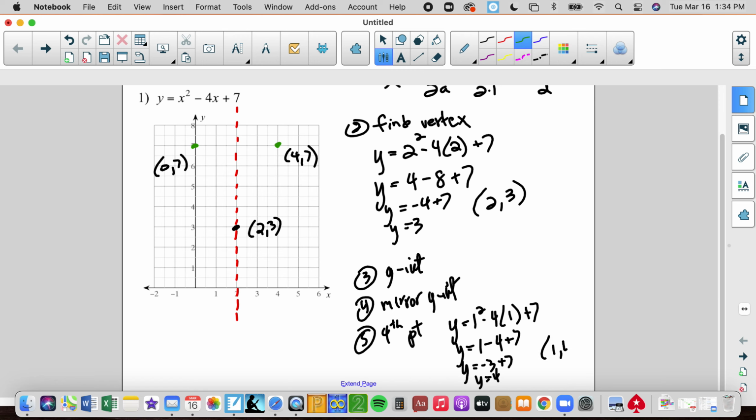So my point would be 1, 4. That's pretty good. That is 2 boxes away. So its mirror point would be there. That would be the coordinate 3, 4.